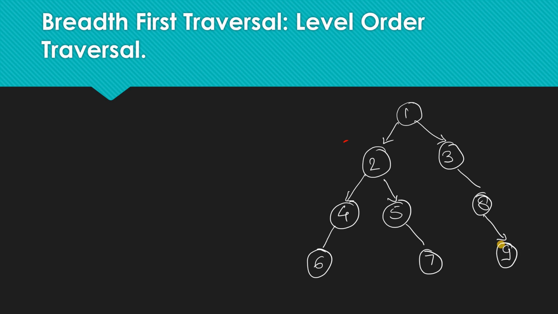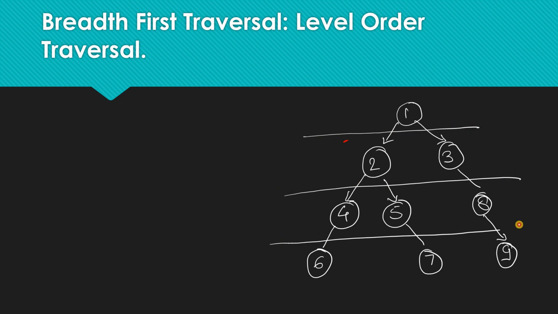Now what we have to do is the level order traversal on this tree. Level order traversal says that we have to traverse all the nodes which belong to a particular level. So what are the different levels in this tree? We just cut the tree with a horizontal line, right?